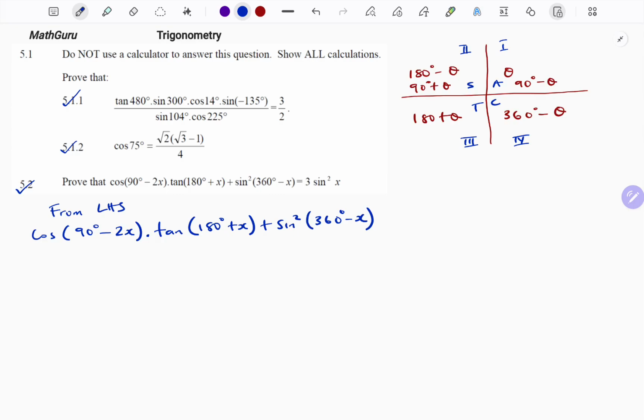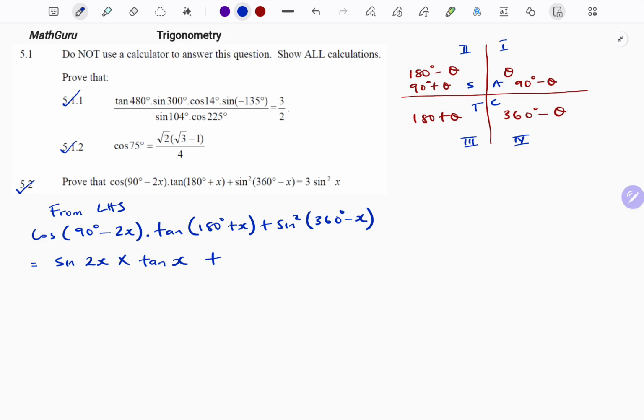So starting with 90 degrees minus 2x, that's 90 minus theta, that falls in the first quadrant, and using my cofunction, that would equal to the sine of 2x times the tan of 180 plus theta, or x, that falls in the third quadrant. Tan is positive in the third quadrant, so that's equal to the tan of my angle, which in this case is x. Then I have plus sine squared of 360 minus x.